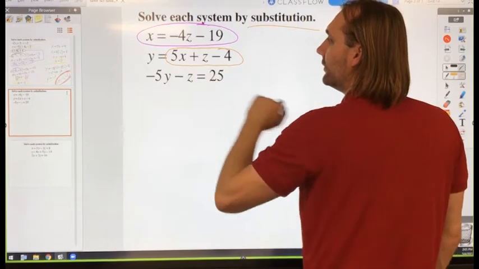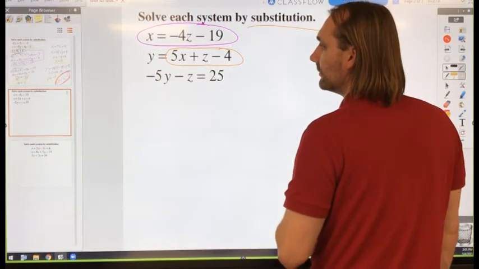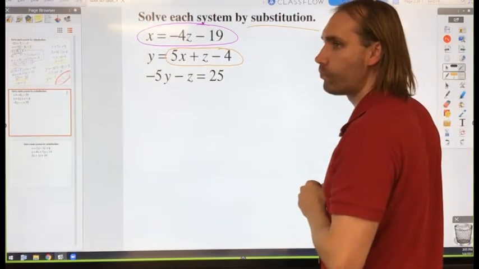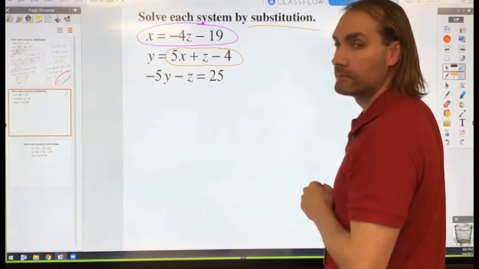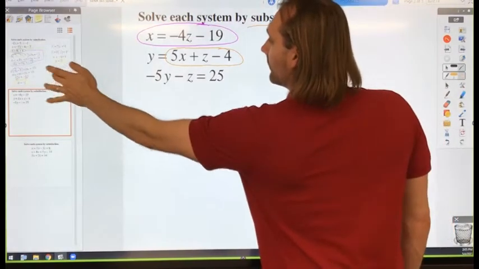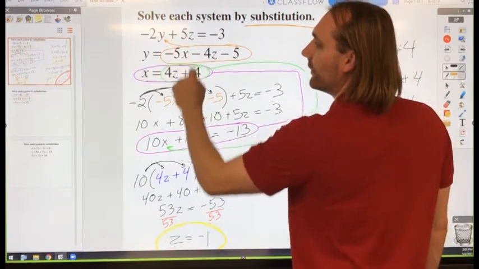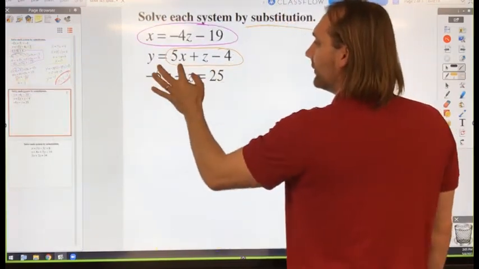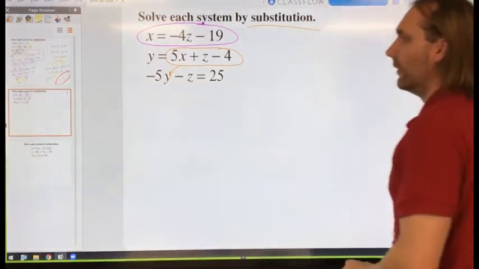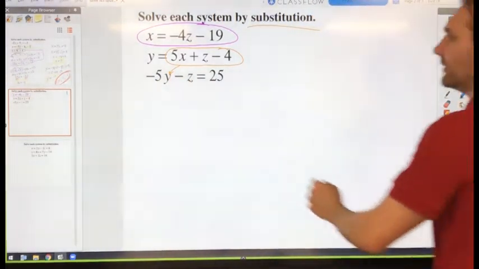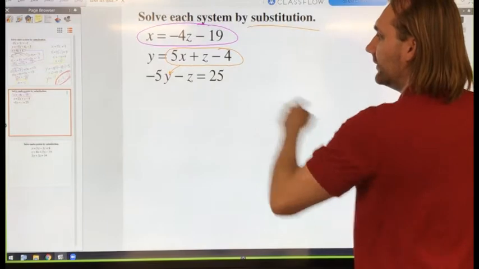With all of this, what would I do with this y equals problem? Substitute it in for the bottom one. So notice I took this y equals and substituted in for the y. I'm going to take this y equals and substitute that in for the y right there. That's going to give me an x, z, and z type of equation.